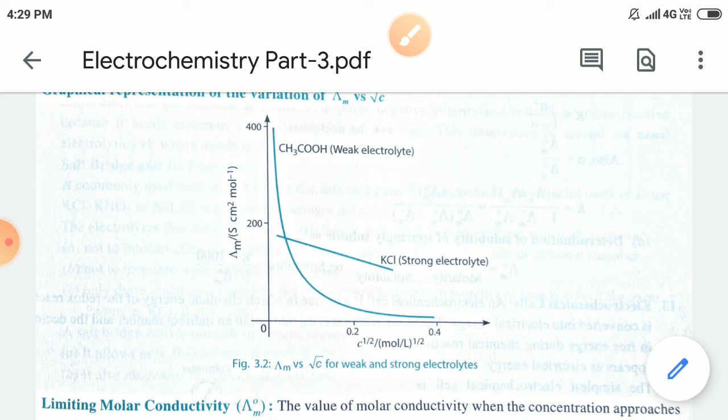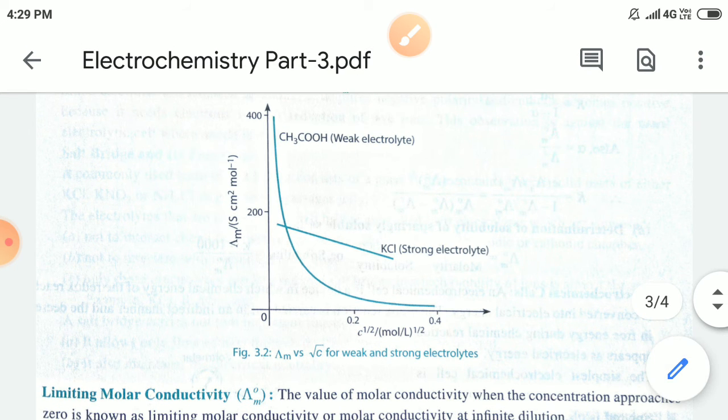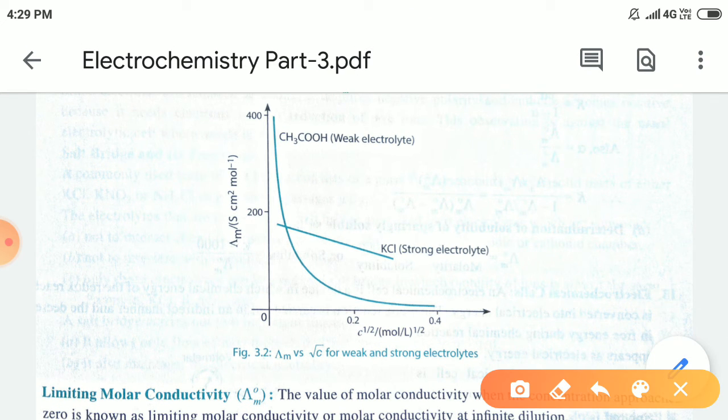For a weak electrolyte at very low concentration, like ethanoic acid, the graph becomes parallel to the y-axis. But for a strong electrolyte, this is not so.